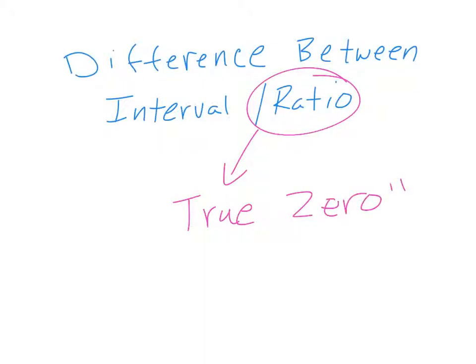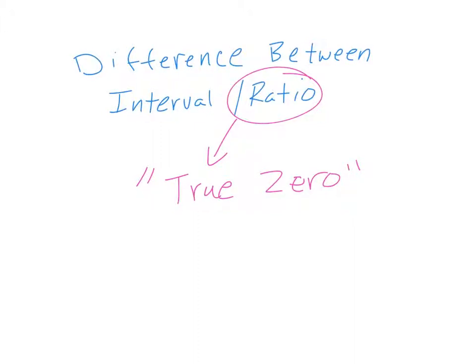A good way of thinking to yourself is, can I have none of this thing? And that is what makes it ratio. So let me give you just a few examples. And this is the toughest one, even for social scientists, to sometimes agree on. It's not that they don't know, it's honestly just that smart people kind of disagree. So an example of interval, because I guess you're wondering, what would have a not true zero?